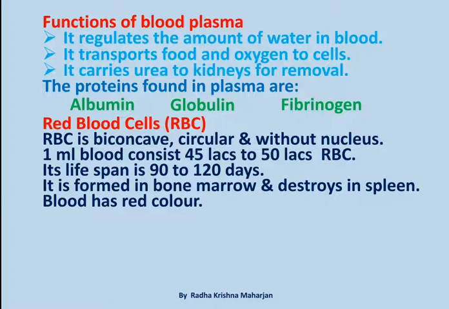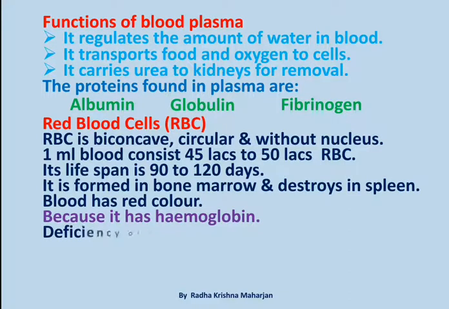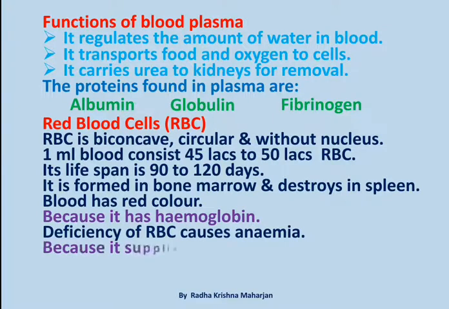Blood has red color because it has hemoglobin. Deficiency of RBC causes anemia because it supplies less oxygen to cells.